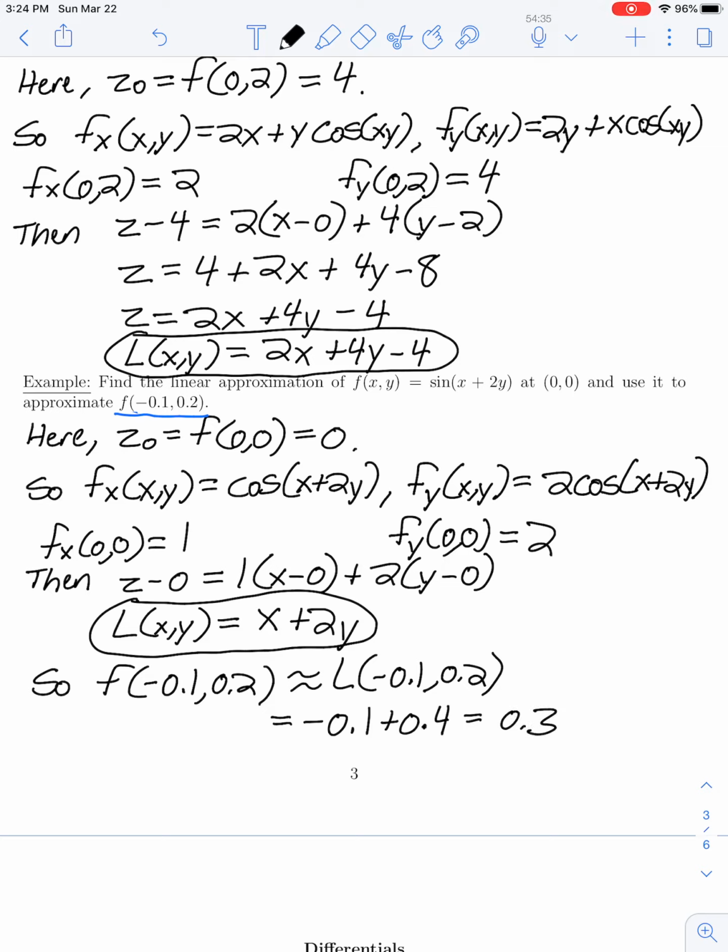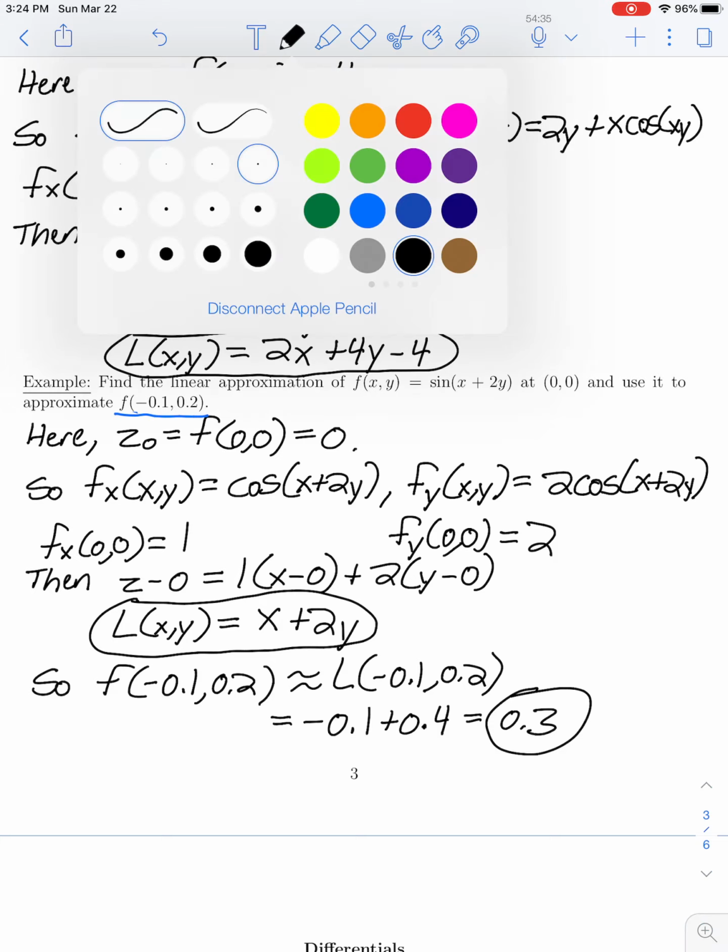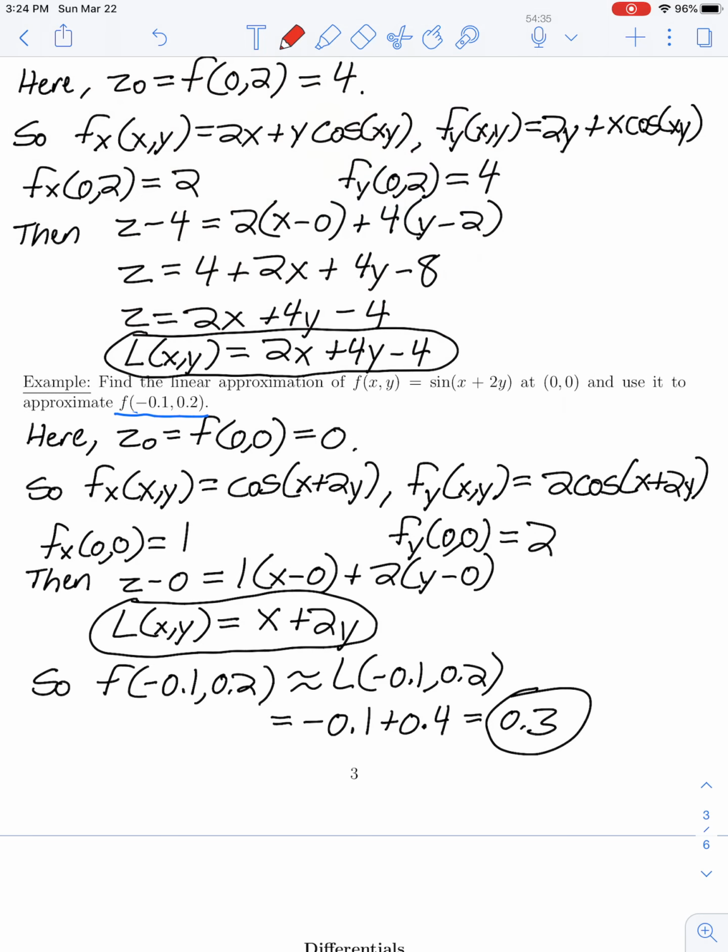So this value that we get by substituting into our linearization is an approximation of the value of our function at that point. Now, why might we need to use the linearization to approximate this function? Well, let's look at the left-hand side of this equation. If we were to plug our point directly into our function, it's a little messy.